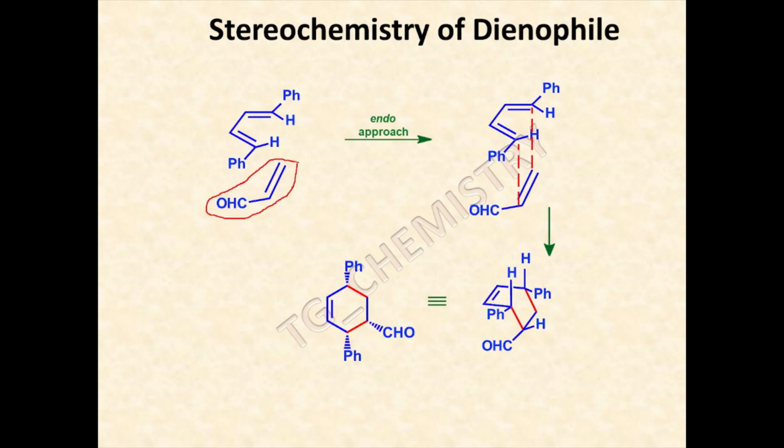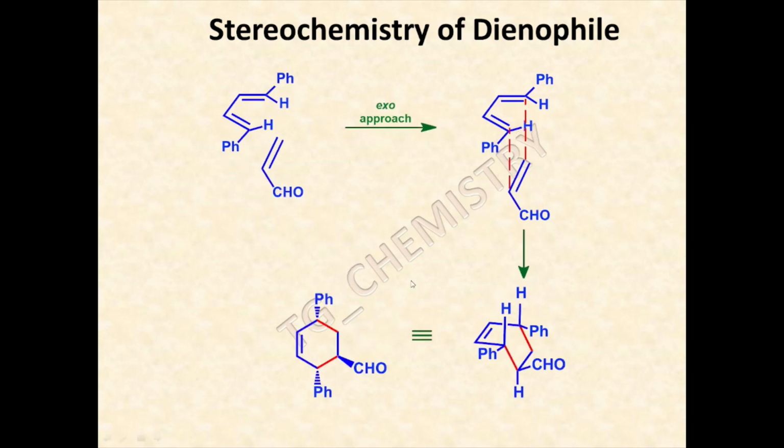As you can see, this is the endo orientation when we consider the bottom face approach of the dienophile to the diene system, and then from there on, by means of the interactions, if you need to write down or form the chair conformation to better understand the orientation or the stereochemistry of the carbon centers, from there on you can understand that the two outside substituents here, the phenyl groups of the diene system, will adopt the beta orientation, that is the below the plane geometry over here. And for the endo approach, definitively the formyl group will be the below the plane stereochemistry as well.